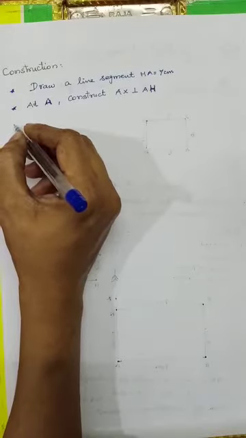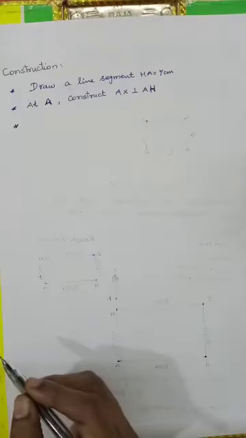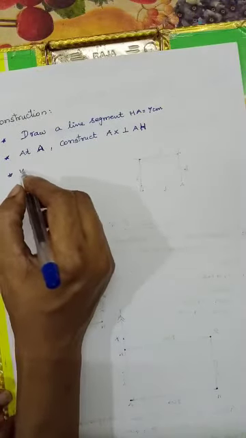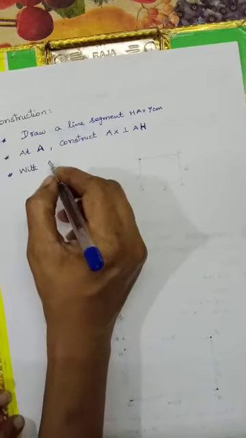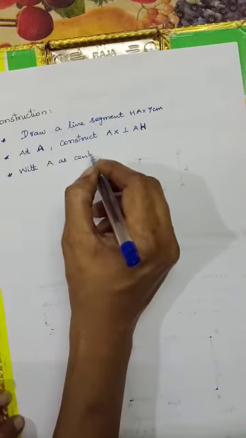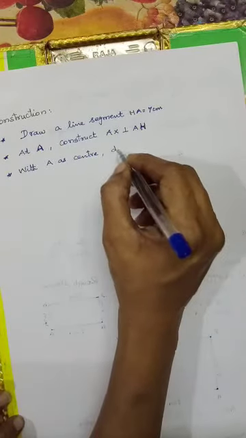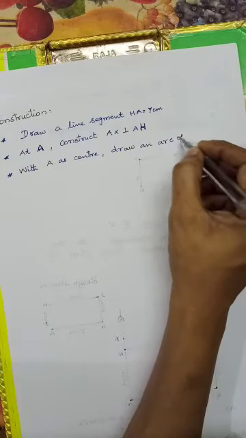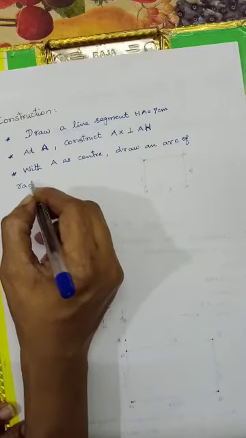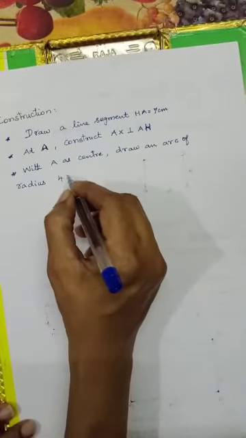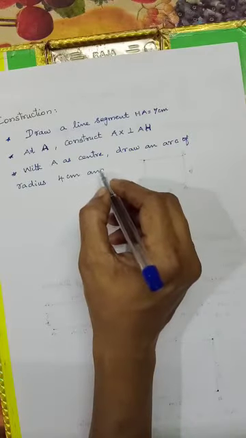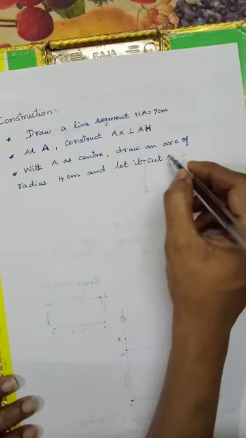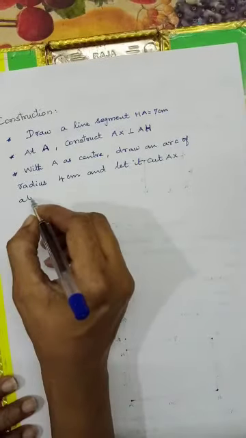The third point is, with A as center, draw an arc of radius 4 centimeter. Let it cut AX at N.